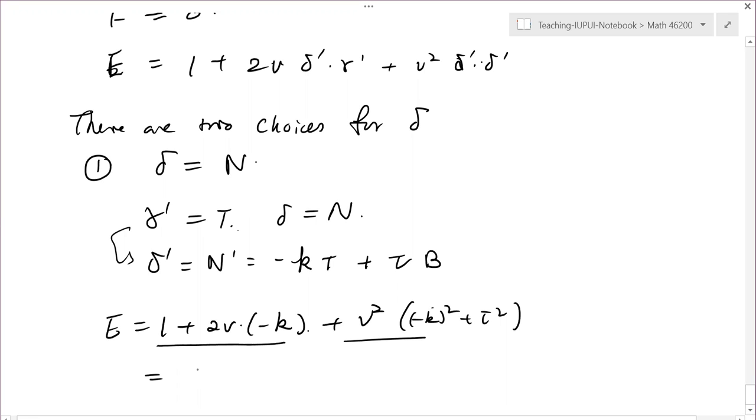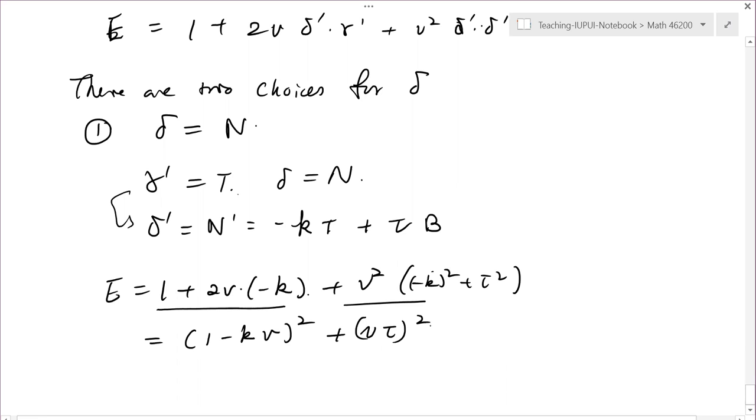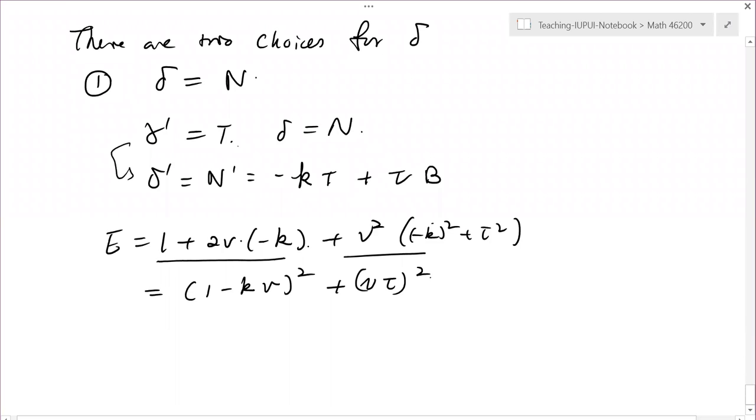This part together is going to be 1 minus kV squared plus V tau squared. In general, it's not going to be 0. So you get a pretty nice formula for this case.